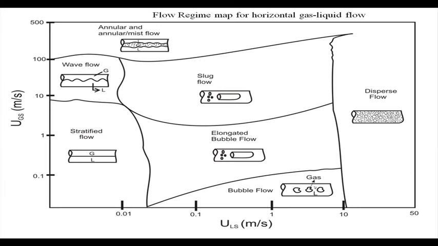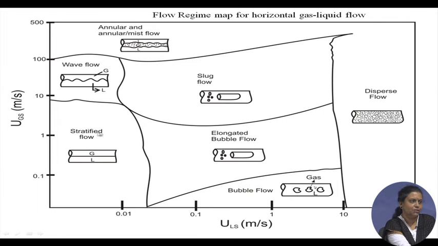And in this entire confusion, what people have finally decided is that the superficial or the inlet velocities of the two phases are the best coordinates, or in other words, they are the most popular axes. So, accordingly, a large number of flow pattern maps have been presented with the gas and the liquid superficial velocities. This is one typical map for horizontal gas-liquid flow.